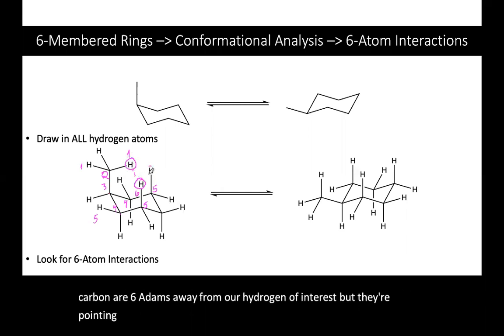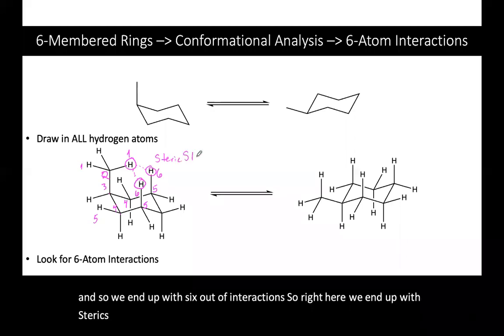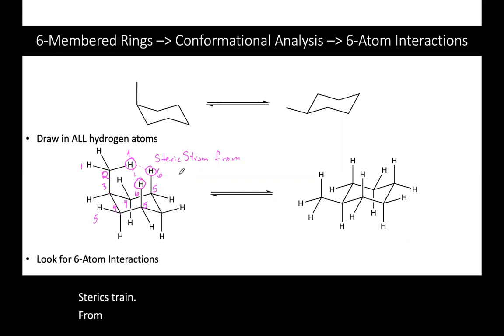But if I circle this one, we'll see that it is also 6 atoms away. And so we end up with 6-atom interactions. So right here, we end up with steric strain from 2 6-atom interactions.